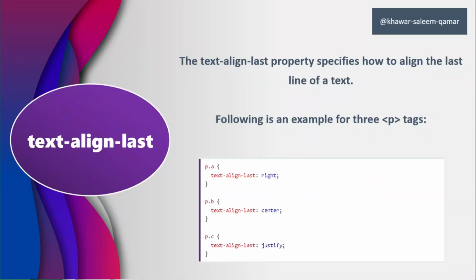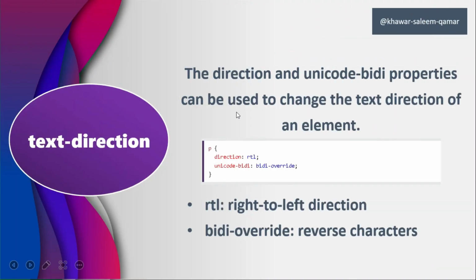After text-align-last, there is text direction. This is used to change the direction of an element's text. We use two properties, direction and unicode-bidi. The direction property gives the starting side of our text.